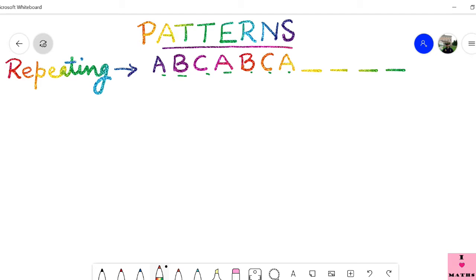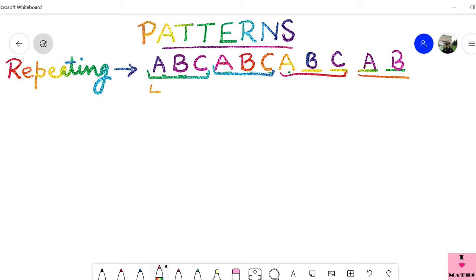Immediately you will be able to make out that A, B, C is repeating itself. So here we have A, so we must write B, C, and here we should write A and B. So you can easily make out now ABC is repeating itself. So this is the repeating pattern.